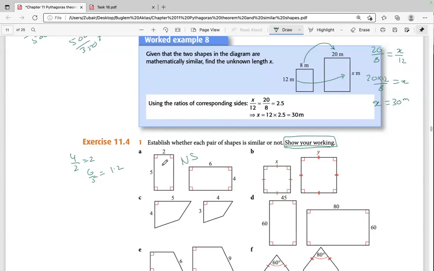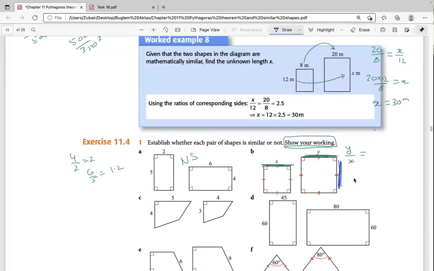Again, when I come back to question 1 to understand 1A and 1B, the difference between them: all the angles are the same in question A, so are in question B. In question A, the ratio is not equal. In question B, the ratio is equal. How? Let me say this side is Y and this side is X. So I'll write Y over X equals, what do you think the other side would be?